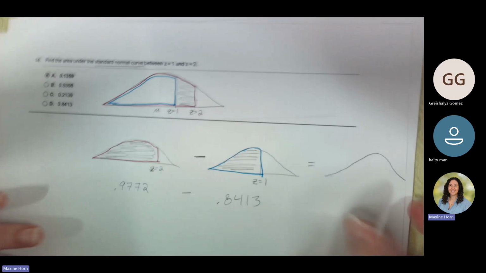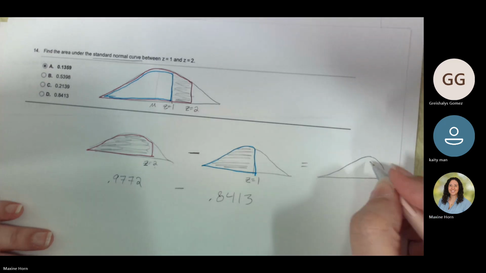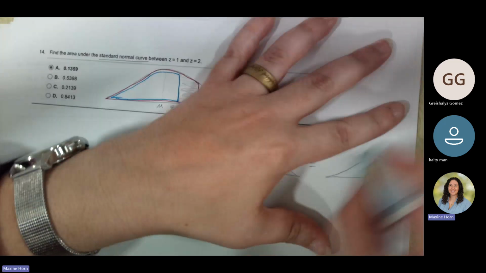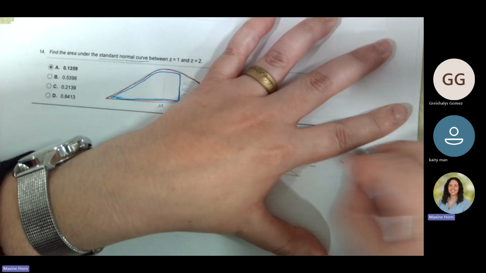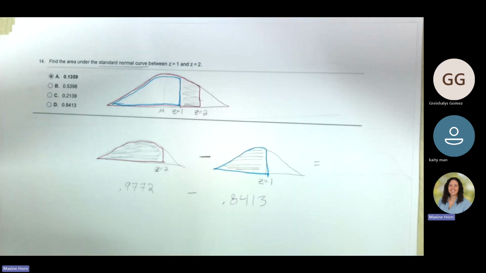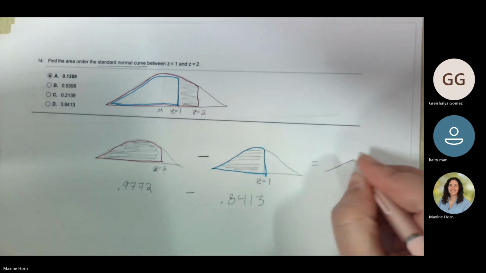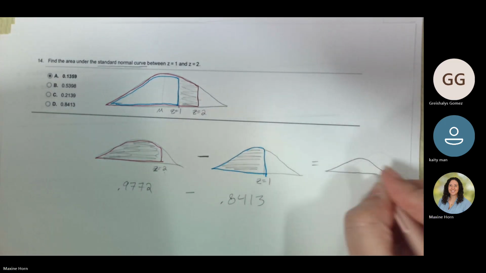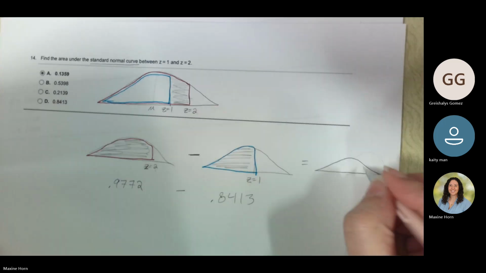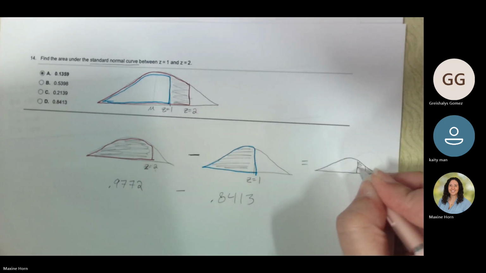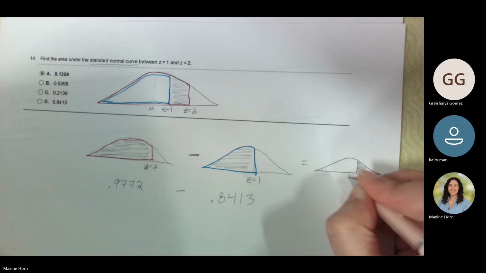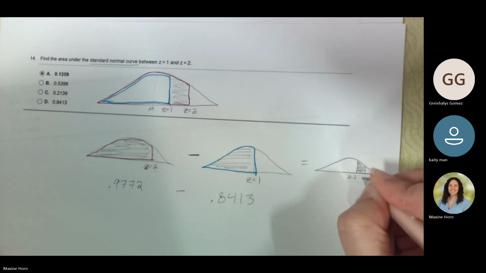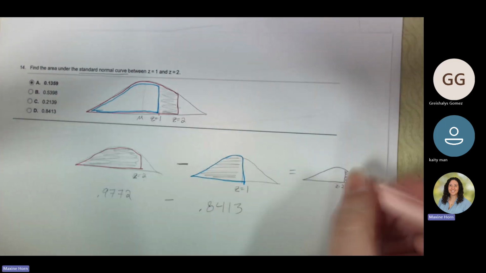I should have finished this equation here. Equals, oh, ran out of room. Oh, that's terrible looking. That's not good enough. We're going to fix that. Oops. Sorry, 1 and 2, not 2 and 3.